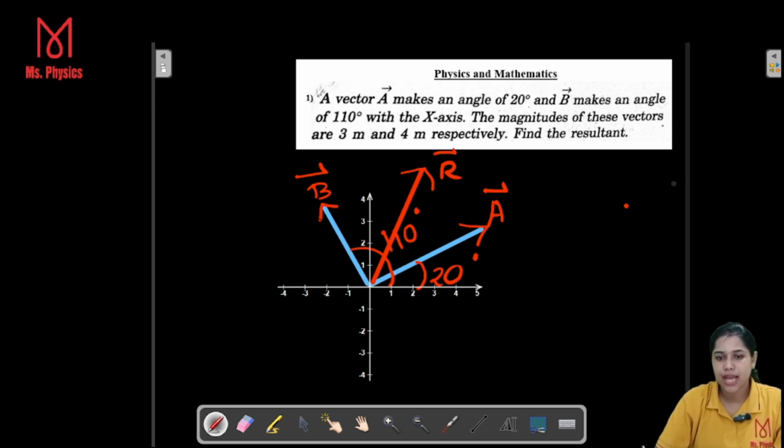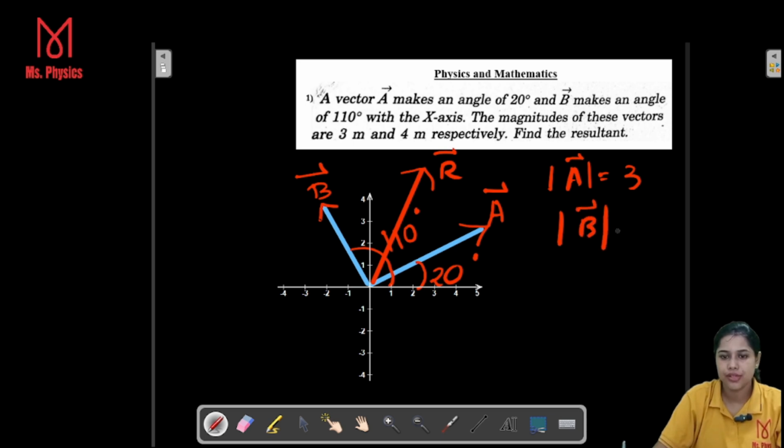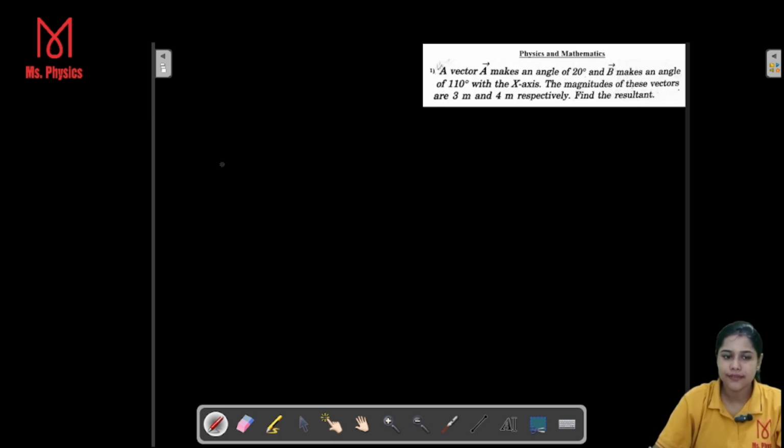Now you just write down the given values. That is, mod A is equal to 3 and mod B is equal to 4. Now you have to find the resultant, right? In the resultant vector, you have to find two things.